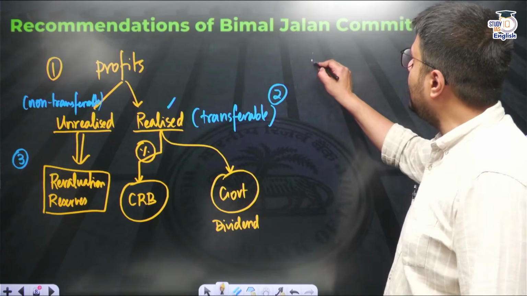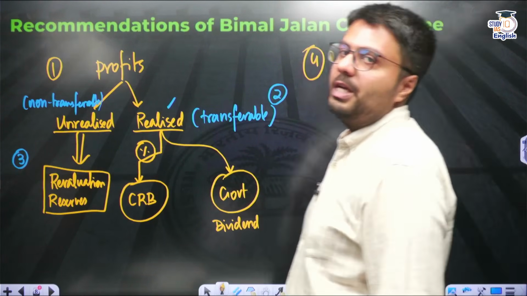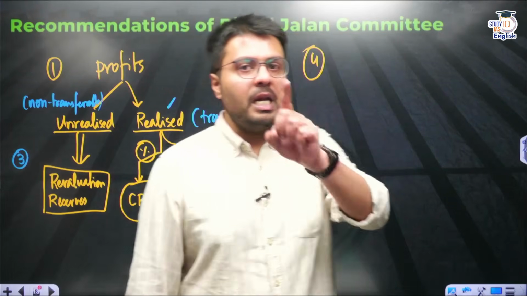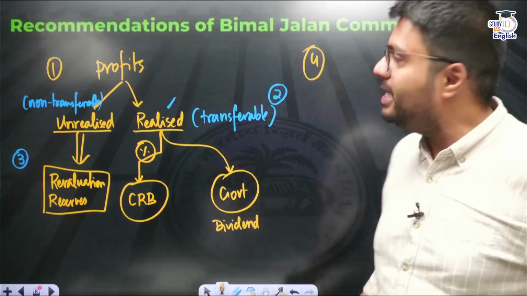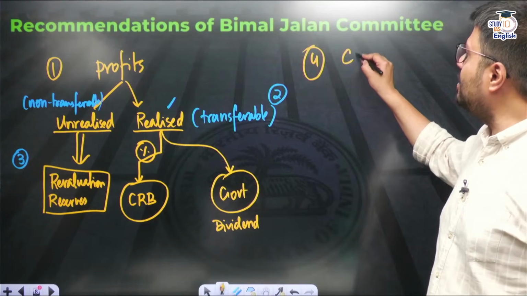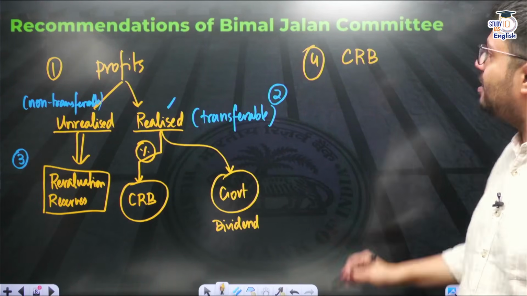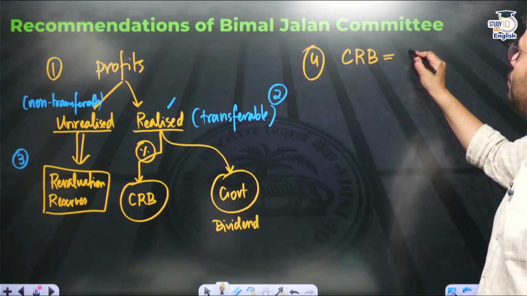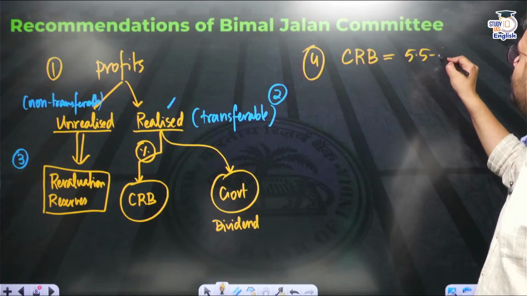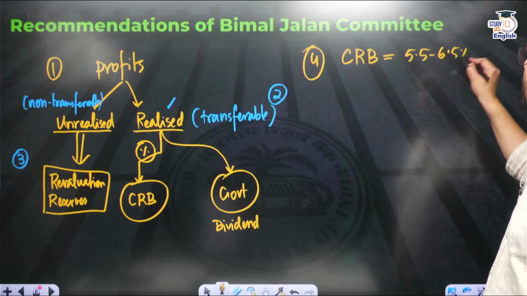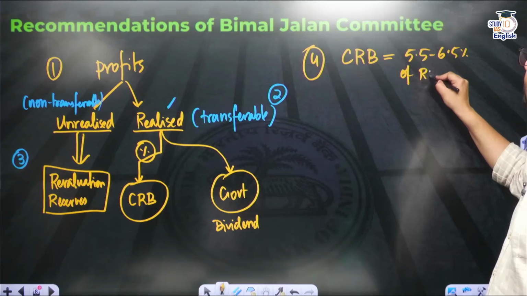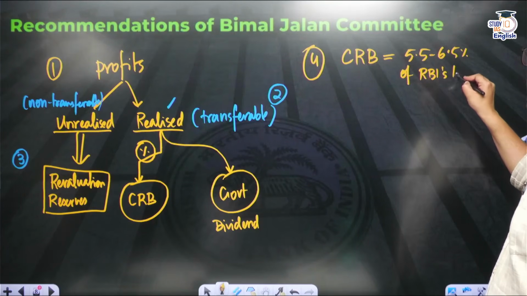And this brings me to the fourth recommendation of the Bimal-Jalan committee. The Bimal-Jalan committee in 2018-19 recommended that the CRB of RBI every year, that is the contingency risk buffer, should amount to 5.5 to 6.5% of RBI's balance sheet.